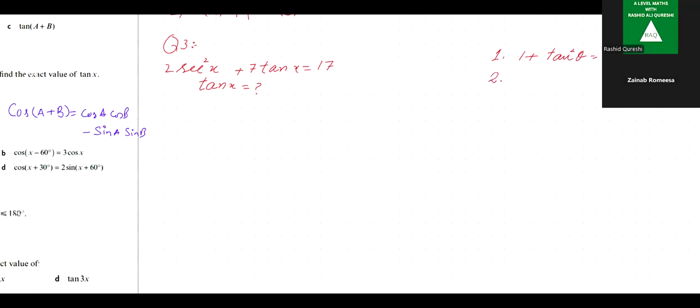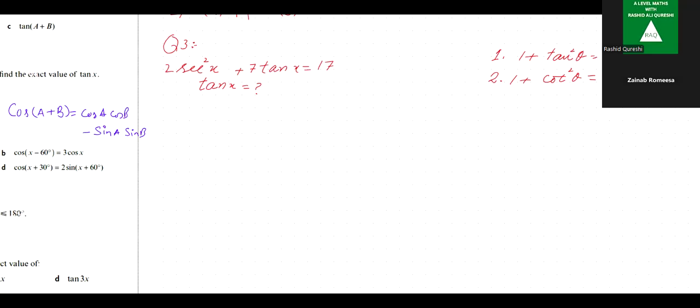Then I have over here 1 plus cot square of theta that is equal to the cosecant square of theta. These two results I have to use when the tan is going to change into the form of the secant, or secant is going to change into the form of the tan. I will use the first formula. And when we have to change cosecant into the form of the cot, or cot into the form of the cosecant, then we have to choose this one.